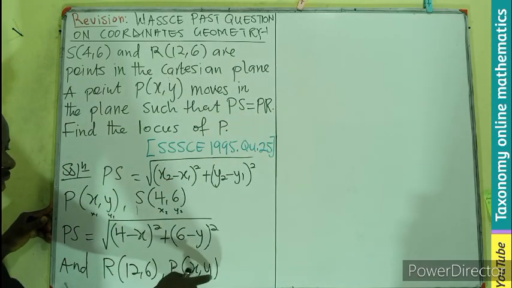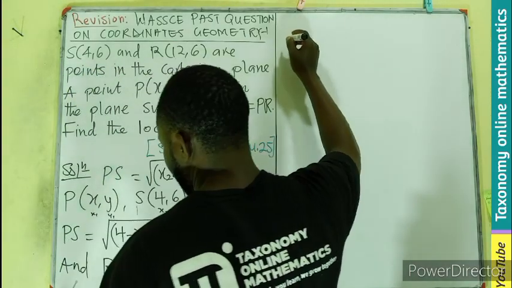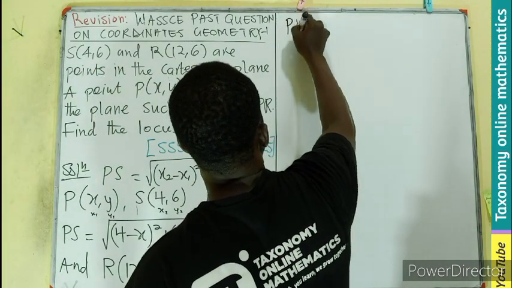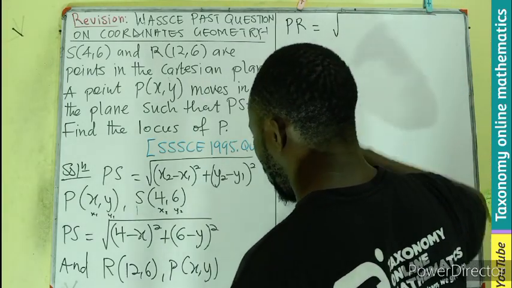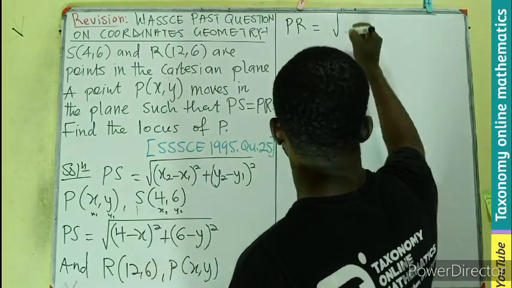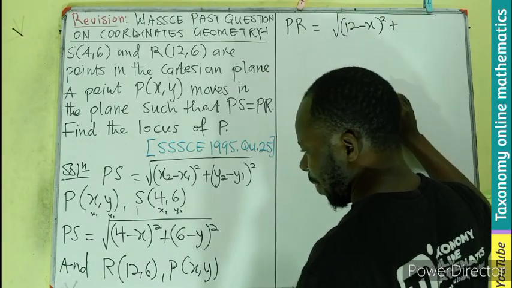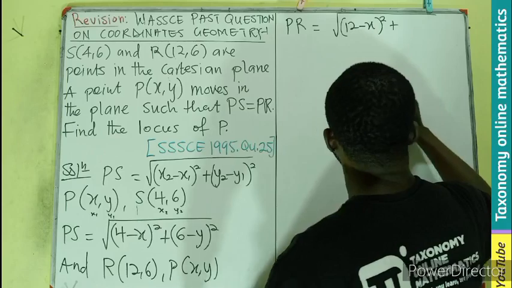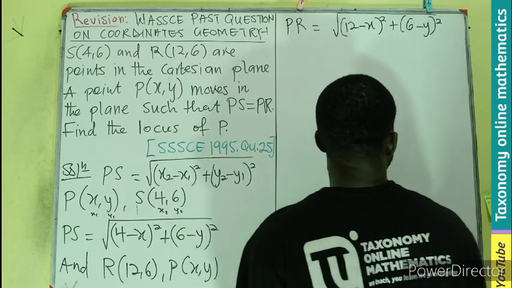So this is our x1, y1, x2, y2. In the same vein, our PR as a length will be equal to the square root of (12 minus x) all squared plus (6 minus y) all squared.